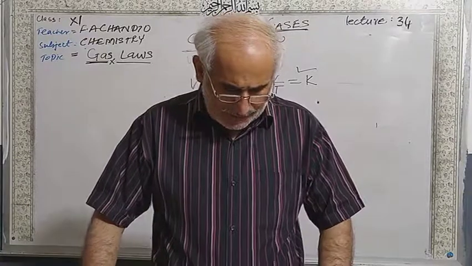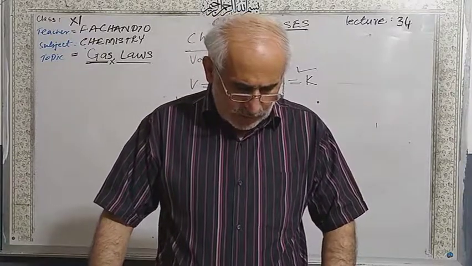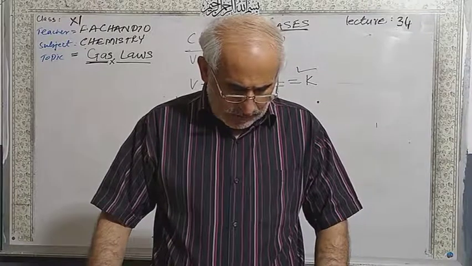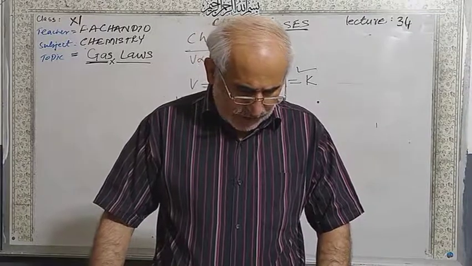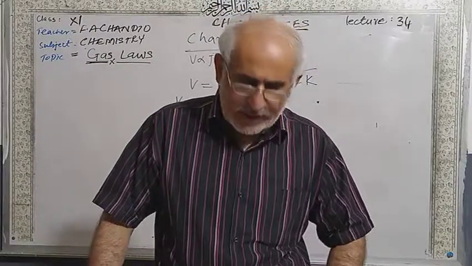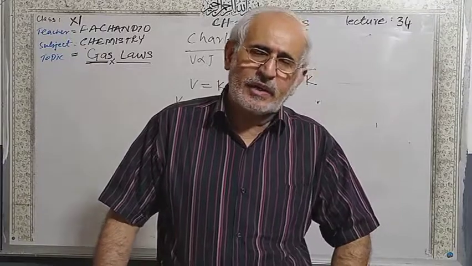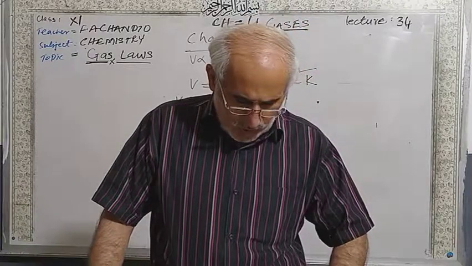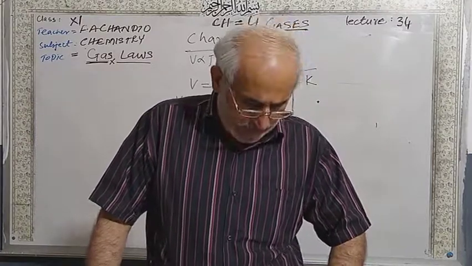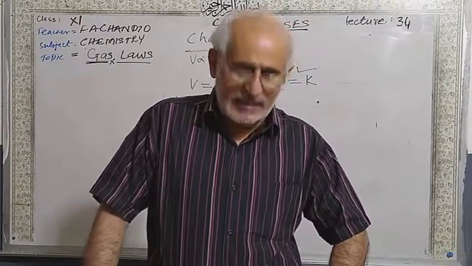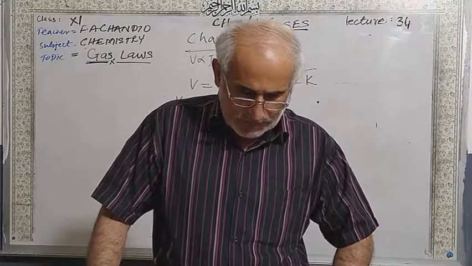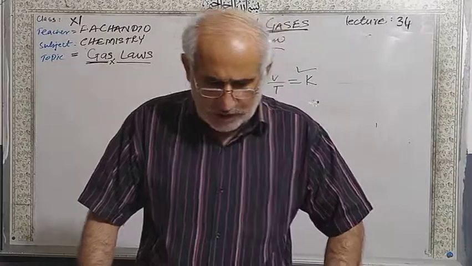So Charles' law, I told you, was in 1787. At a constant pressure, the volume of a mass of gas increases or decreases by 1 over 273 times its original volume at 0 degree centigrade for every 1 degree centigrade rise or fall in temperature respectively. This is called Charles' law.